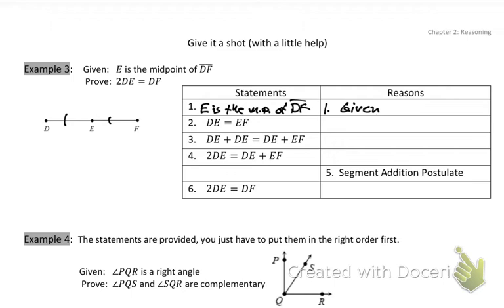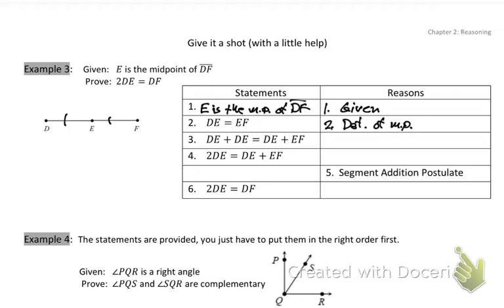Does midpoint say it creates two congruent segments? Equal. It says equal, so we have an equal sign, right? So we could say DE equals EF because of the definition of midpoint. Guys, when you see midpoint, you should know the next step is definition of midpoint. When you see the word midpoint, you should go, oh, that's the definition of midpoint.